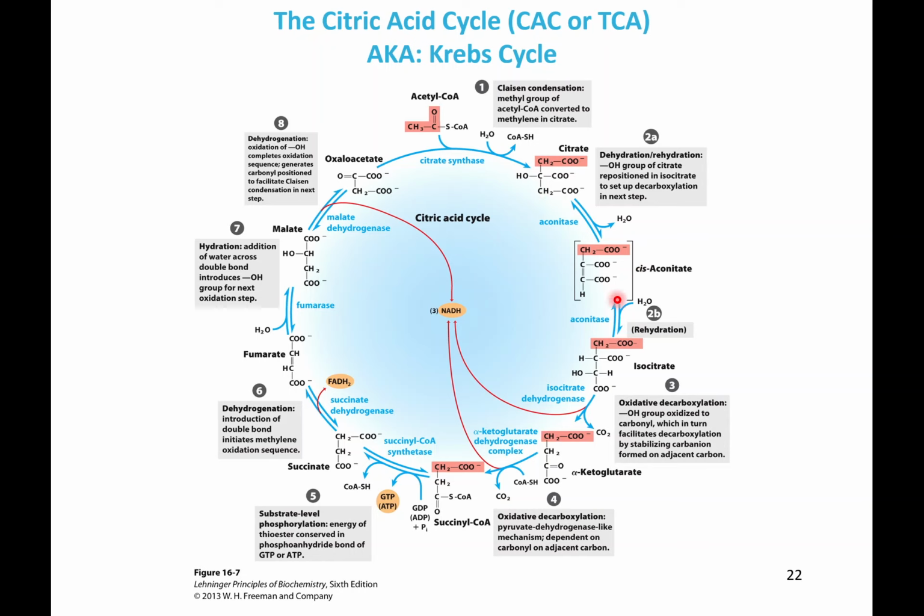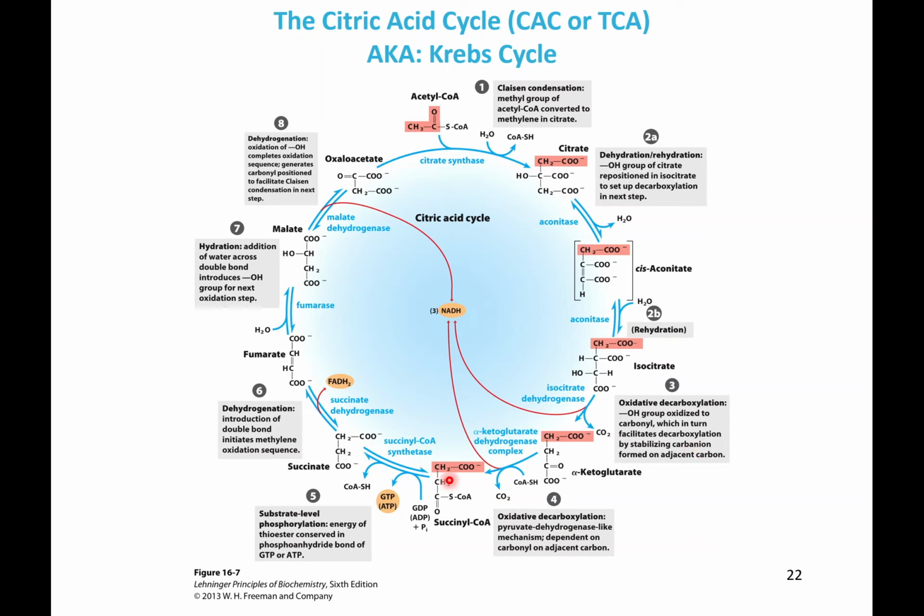And we'll mention this many times, but I think I have a better figure that shows this. The carbons that come in off acetyl-CoA are not the carbons that are lost as CO2, at least in the first cycle. Then when they go into the second cycle, those carbons can be lost.